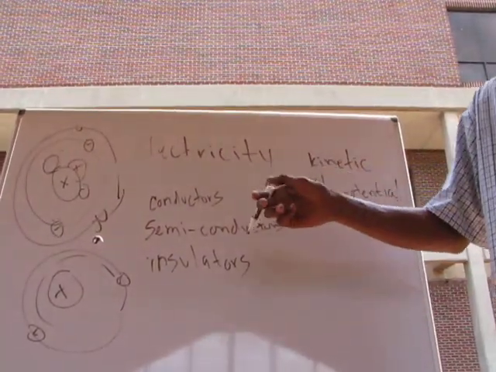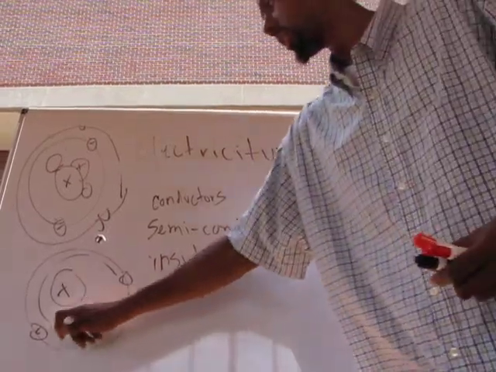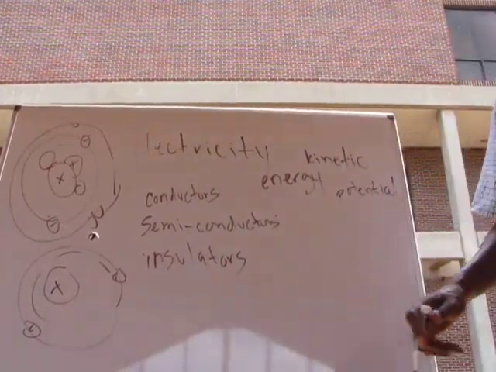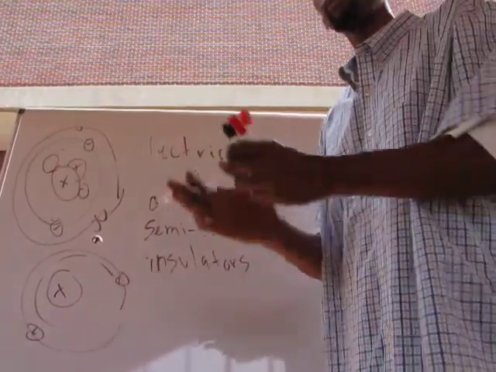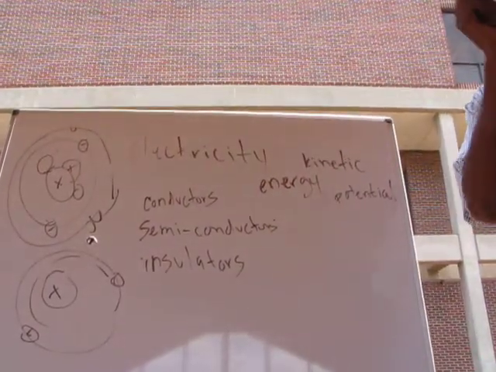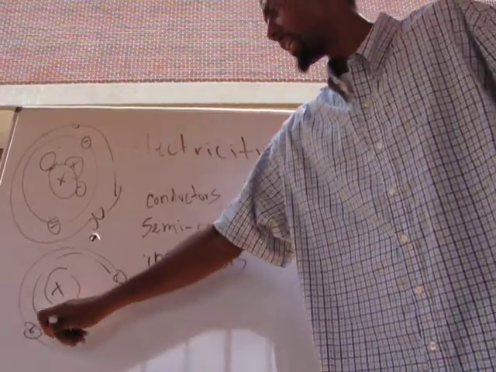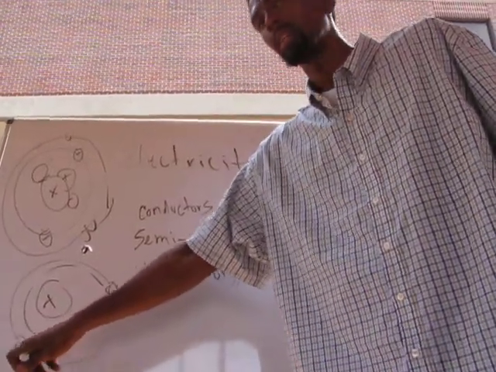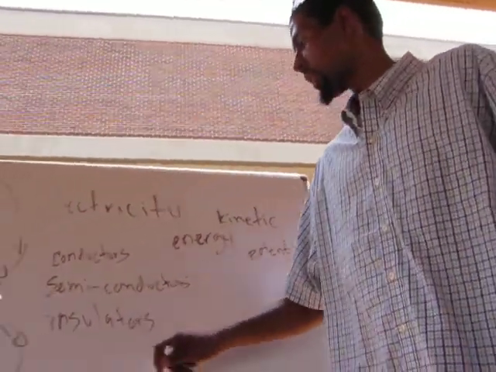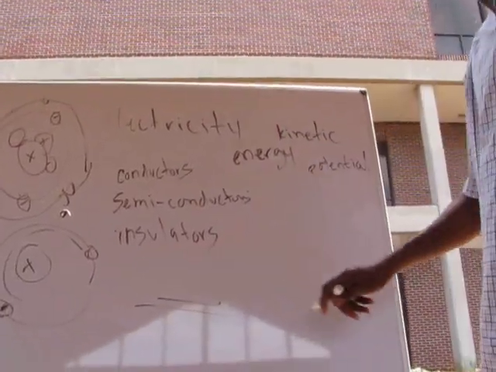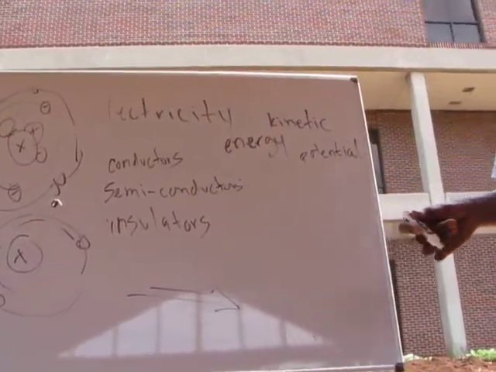That makes them susceptible to losing an electron. Say a force comes along, say friction. You rub 2 things together and you get static electricity. Well, that friction, by the nature of it, helps to release electrons. Once you get enough electrons released and they have a path to flow, you've got a current.